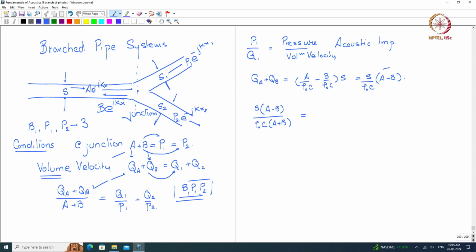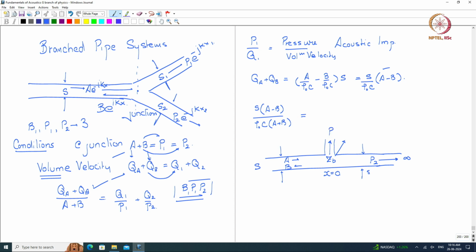What I am going to specifically do here is think of a system like this, where P2 moves towards the right, let us say to infinity, it has the same cross section S, and here we have the same cross section S, and we have A coming in and B going out. This is an x equal to 0 junction, and looking this way we have ZB, a certain acoustic impedance.